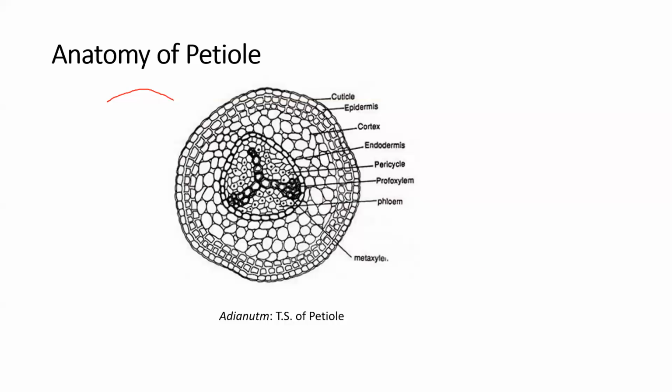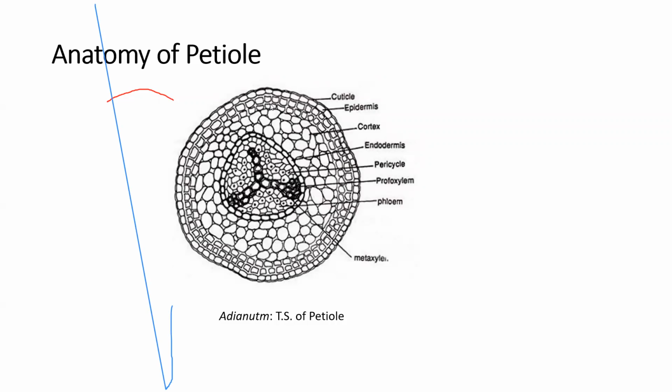Next is the anatomy of the petiole. The transverse section of the petiole is almost circular in outline, and the outermost layer is known as the epidermis, a single-layered epidermis covered with a thin layer of cuticle. Then inside the epidermis, there is a broad region of cortical tissue.